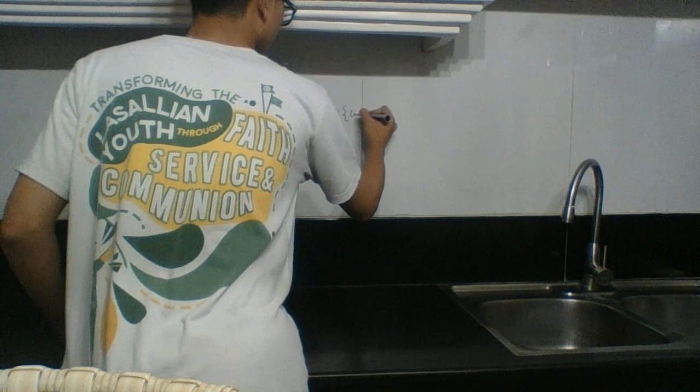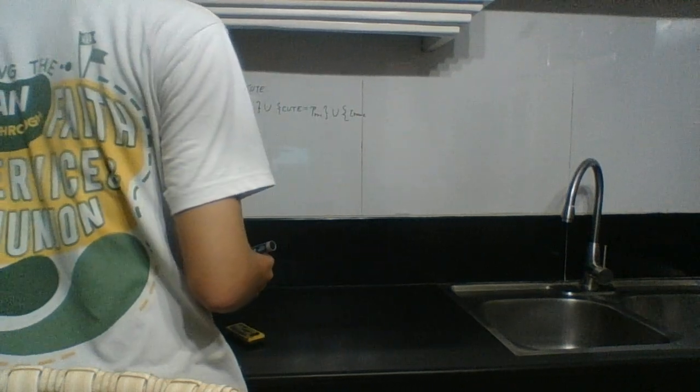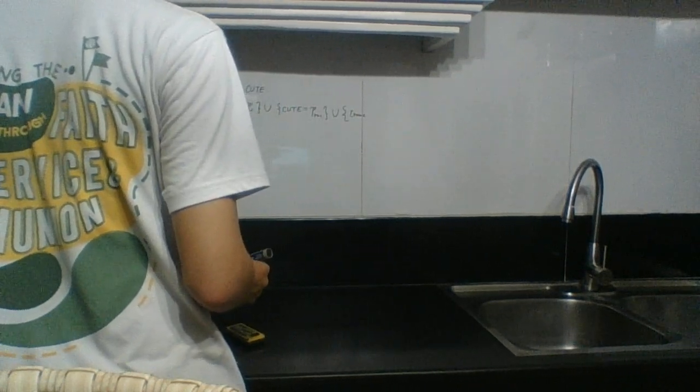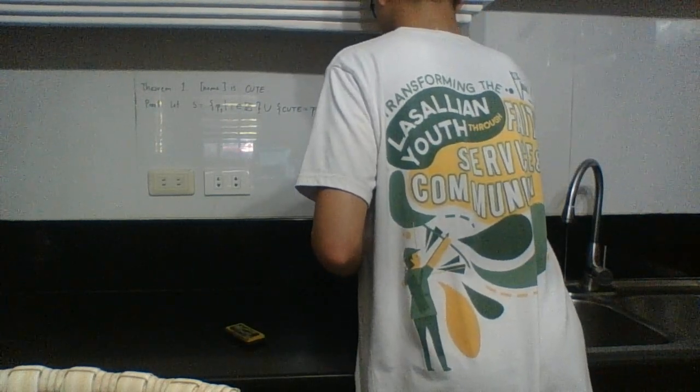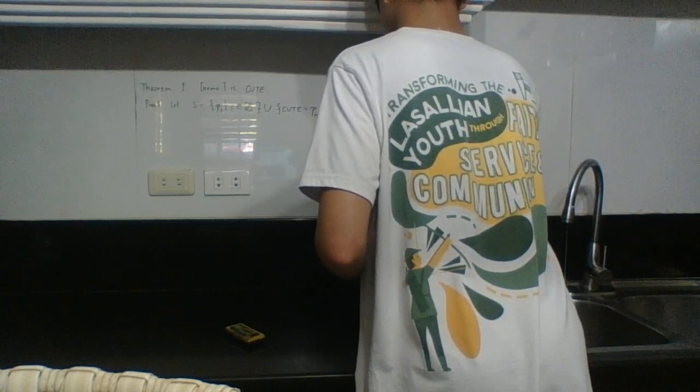So our index set is the integers. Union Q T, which is defined to be p sub n minus 1. Union name, which is the same as p sub 2n minus 1.